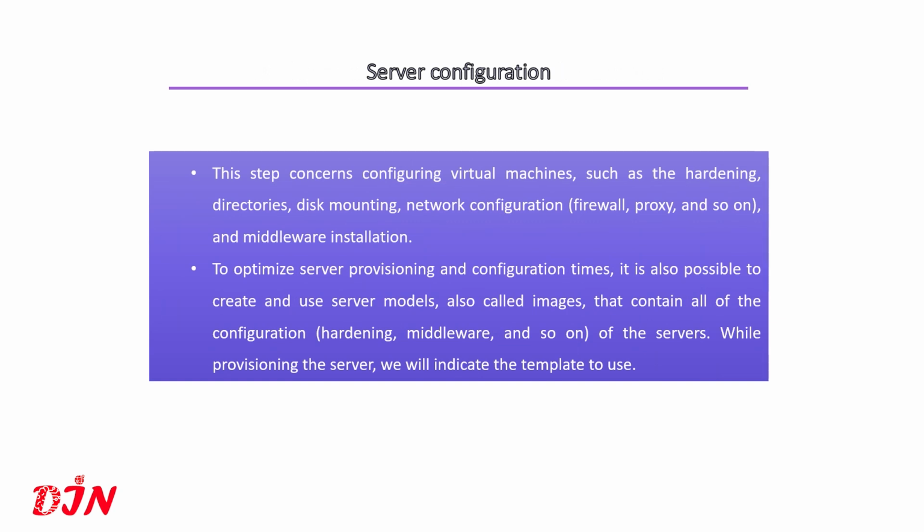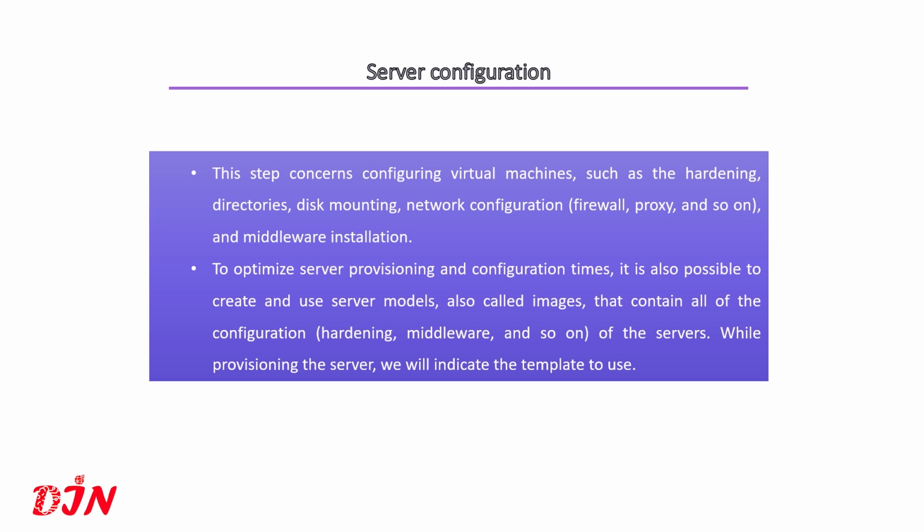Server configuration. This step concerns configuring virtual machines, such as the hardening, directories, disk mounting, network configuration, and middleware installation. There are different configuration tools such as Ansible, PowerShell DSC, Chef, Puppet, and SaltStack to optimize server provisioning and configuration times.